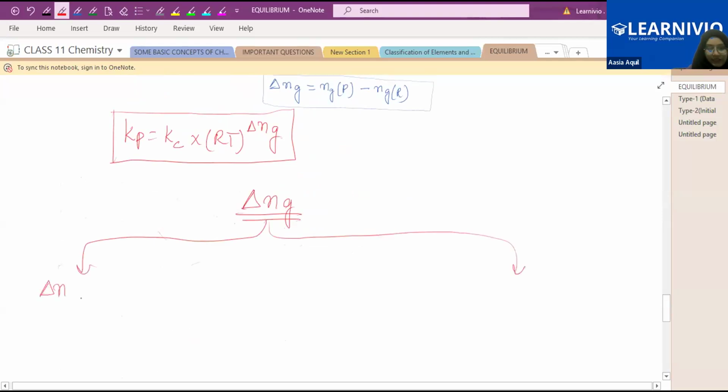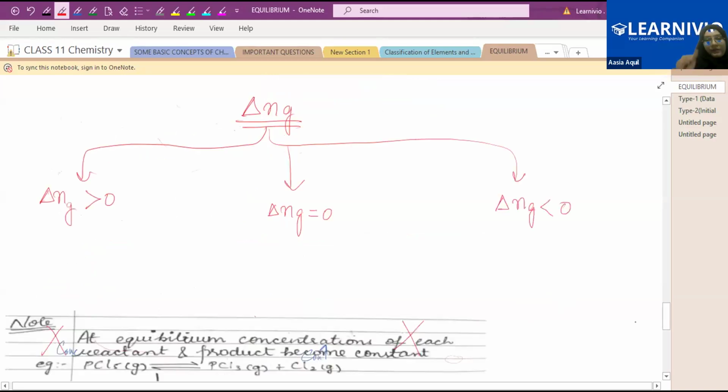If delta Ng is greater than 0, means the value of delta Ng is positive. Second case is when the value of delta Ng is equal to 0. What is delta Ng? You should know delta Ng is the change in the number of moles of gases. Third case, delta Ng less than 0. Then what is the conclusion for that?